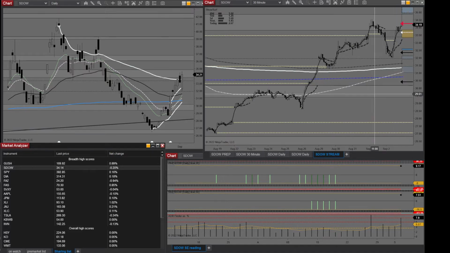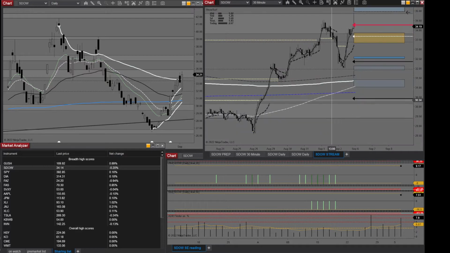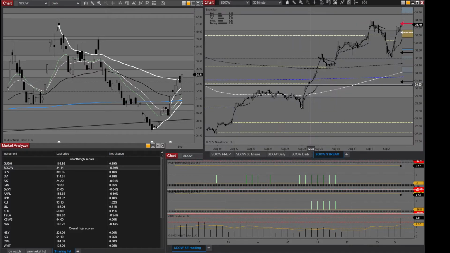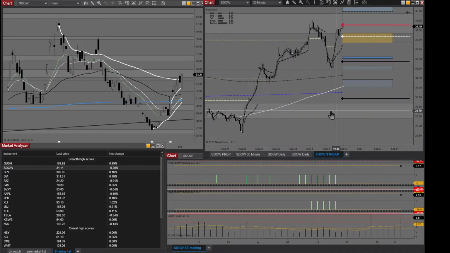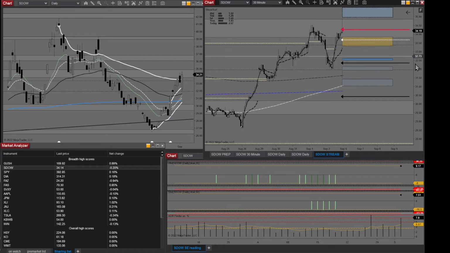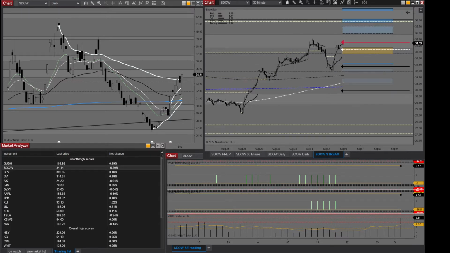We opened up near the highs, spiked up on the nonfarm payrolls news Friday morning, and then reversed pretty quickly. So it will be interesting for SDOW, and I'll go through these levels here.